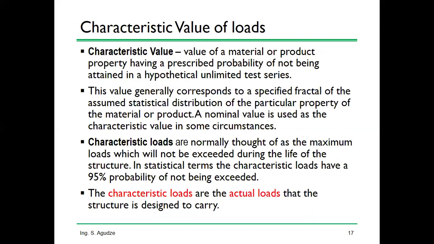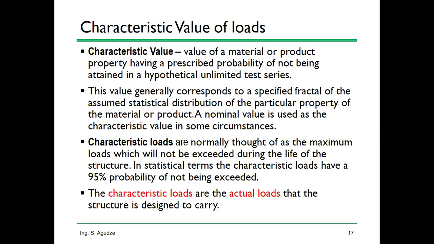So we call something characteristic value. And I want to remind you again that the limit state is based on statistical values. So characteristic loads are normally thought of as the maximum load which will not be exceeded during the life of the structure.